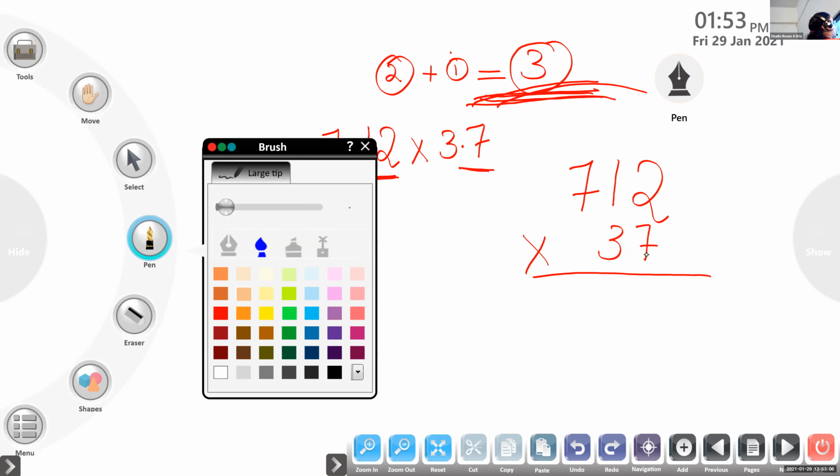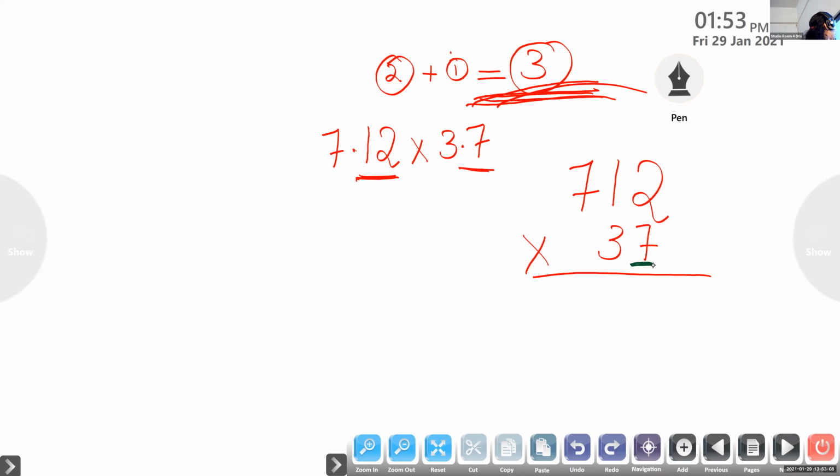Okay, 7, 2. So we will start with the ones place. 7 2s are 14. 1 carry over. 1 into 7 plus 1, 8. 7 into 7, 49. So second row, how will you start? You will start by multiplying with the tens place. So you have to place 0 in the ones place.